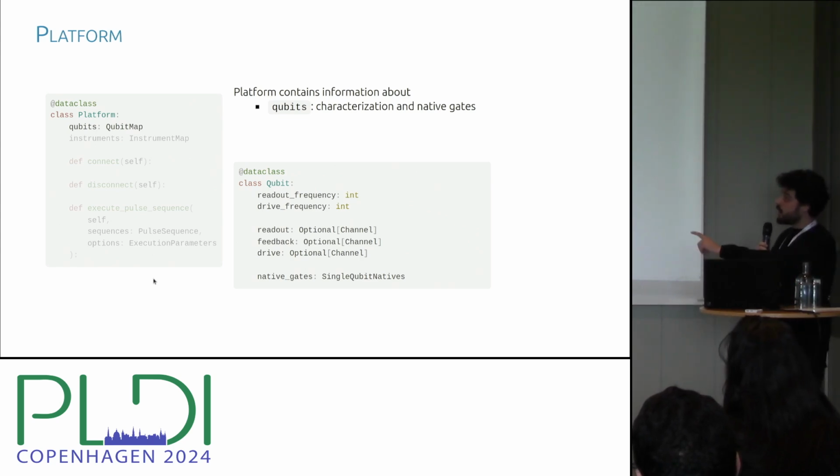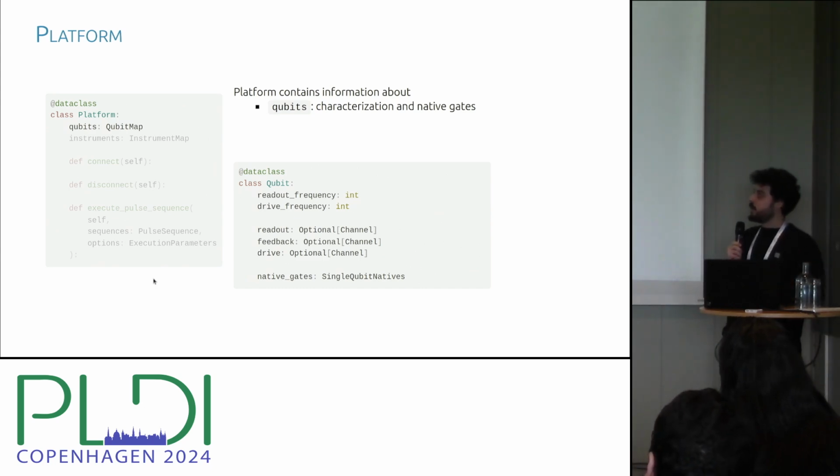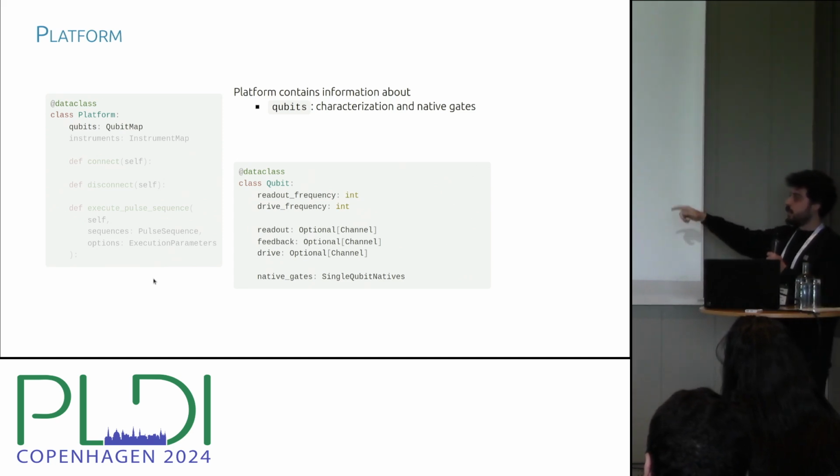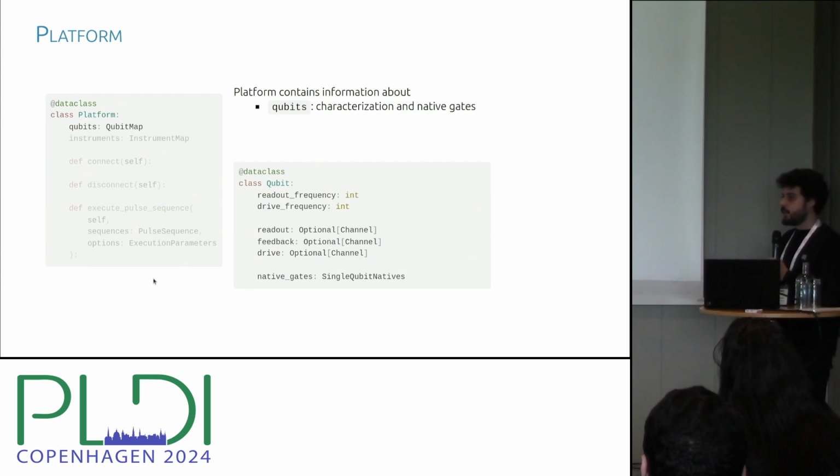So, as you can see on my left, the platform class will contain a qubit map, where the qubit class contains all the information about the specific qubit, for example, the readout frequency, the drive frequency, but also the pulse sequence for generating specific native gates.